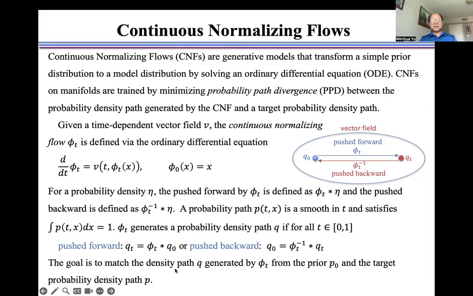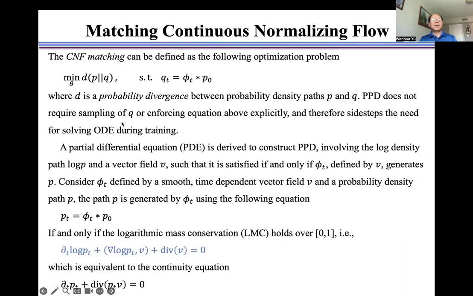The goal is to match the density path Q generated by phi t from the prior P0 and the target probability density path P. The CNF matching can be defined as the following optimization problem as shown here, where D is the probability path divergence between probability density paths P and Q. PPD doesn't require sampling of Q or enforcing the equation above explicitly, and therefore sidesteps the need for solving the ordinary differential equation during training.